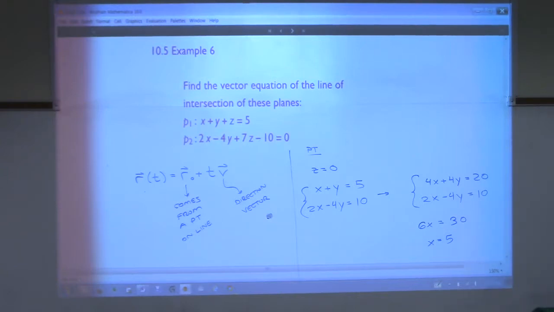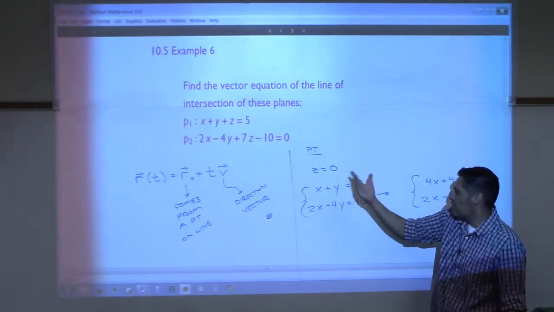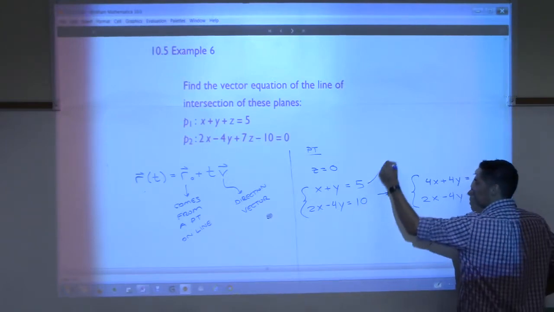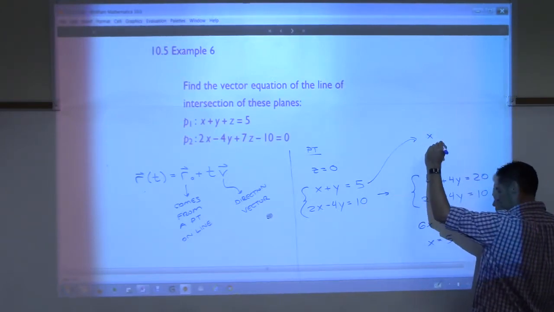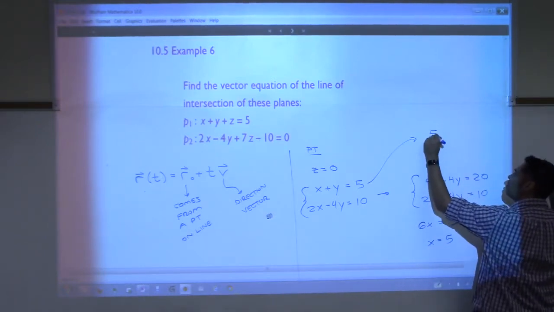Once I know what x is, then I can go get y, right? And how can I get y? Plug x equals 5 into either one. Doesn't matter. I'll go with the first one because it's the cleanest. So using x, which was 5, 5 plus y is 5.